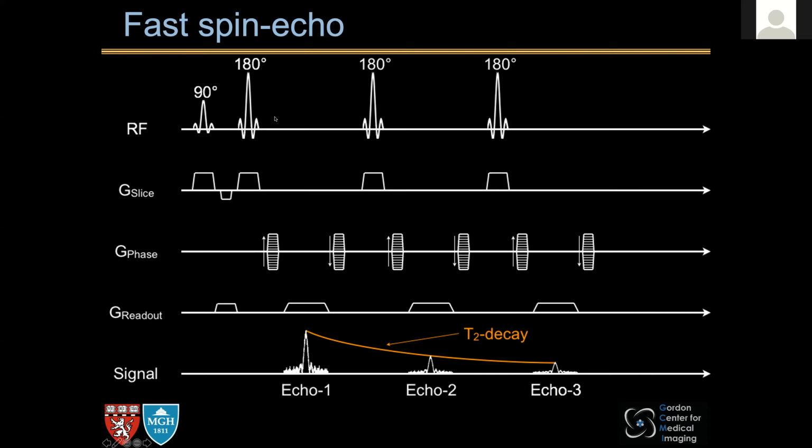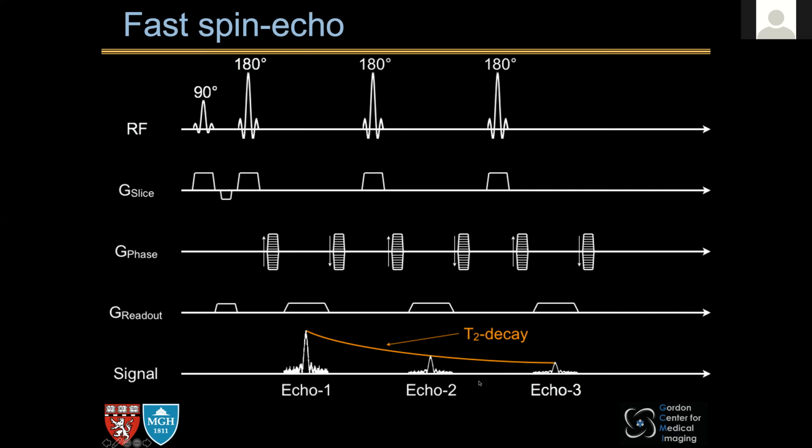The idea here is we apply multiple 180-degree pulses, and then we can recover signals at the T2 decay. Between these 180-degree pulses, we apply different phase encoding gradients so that we can sample K-space data at different K-space locations in the phase encoding direction, and then we apply the same gradient field at different echo times, so that we have multiple echoes.